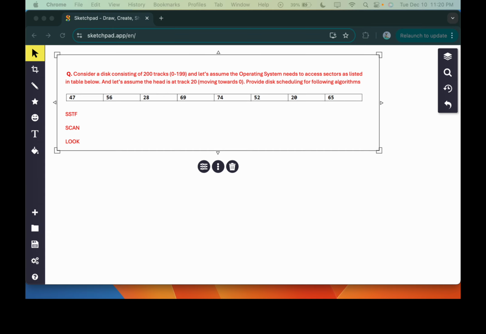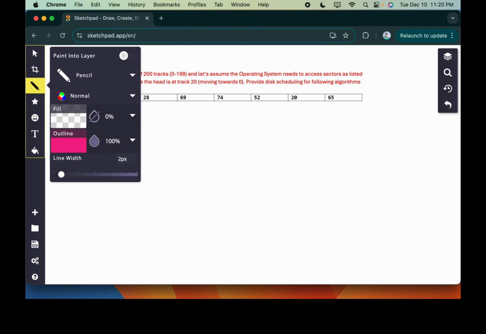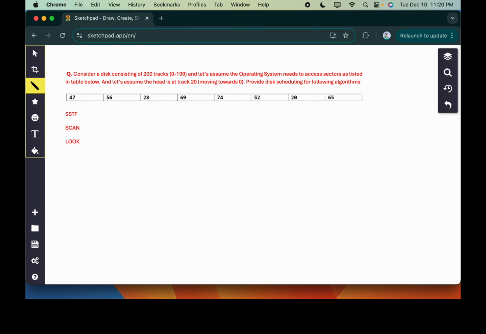It's the second one under RAID, but it has a little bit of everything in it. I'm just going to go through this really quick. 200 tracks, 0 to 199. Actually, wasn't this the exact one that we did before? I think it was, honestly. Or, no, it was similar. Never mind.